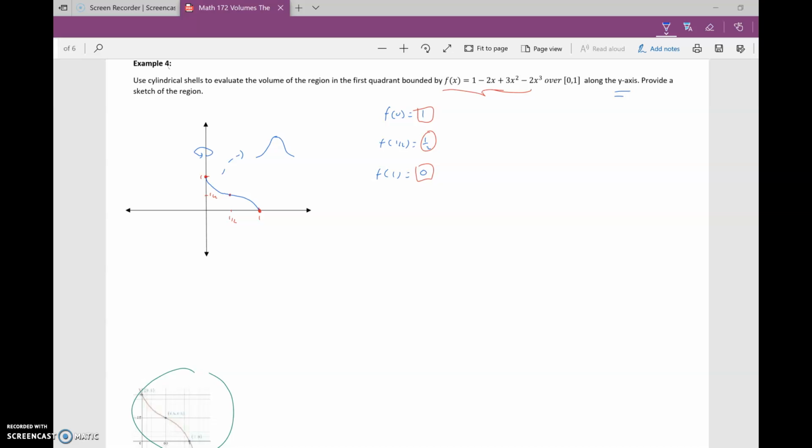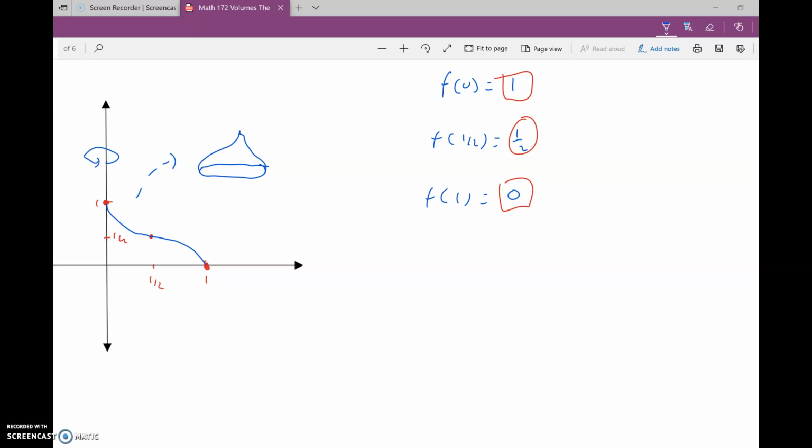Okay, the top is not correct though, because it's supposed to be pointy. Okay, something like this. Obviously not the best sketch, but it's going to look something along those lines.